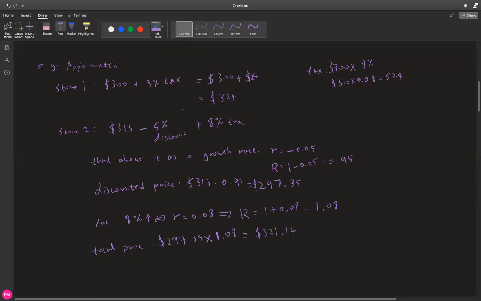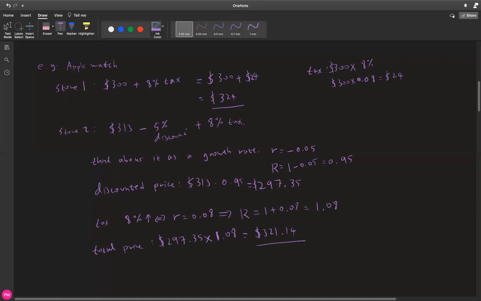So now let's compare. In store 1, even though the actual price of the Apple Watch was $13 less than how much store 2 was selling for, you're actually paying more. You're paying $324 as opposed to $321.14. Obviously we can just look at this problem and it's obvious because all the numbers are given to you.